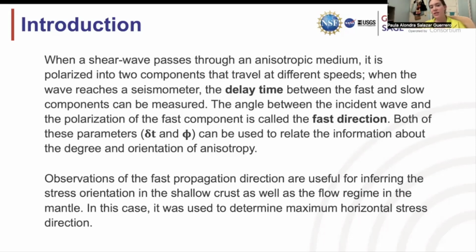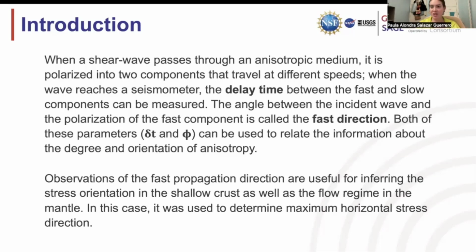So when the wave reaches a seismometer, the delay time between the fast and the slow components can be measured. The angle between the incident wave and the polarization of the fast component is called the fast direction, and it can also be measured. So both of these parameters, delta t and phi, can be used to relate the information about the degree and orientation of anisotropy.